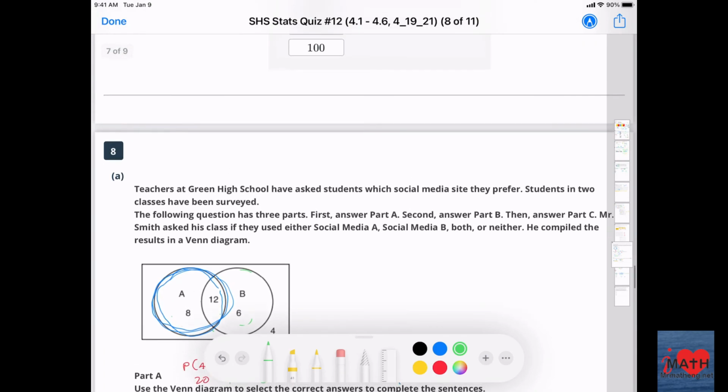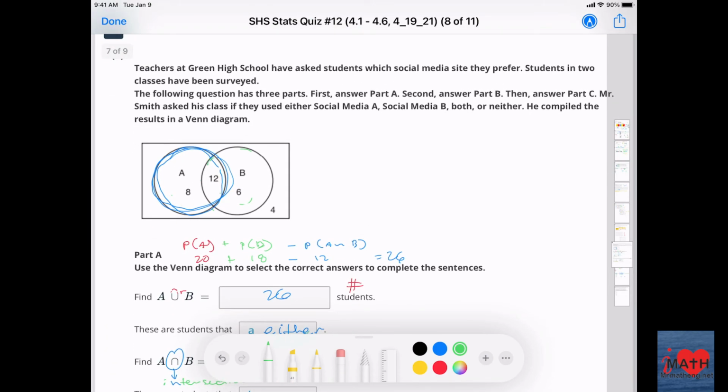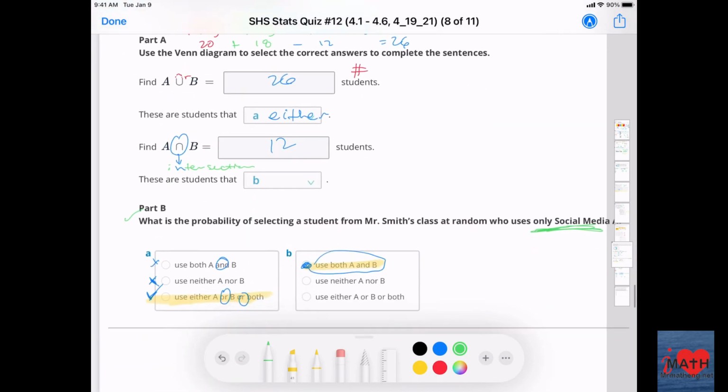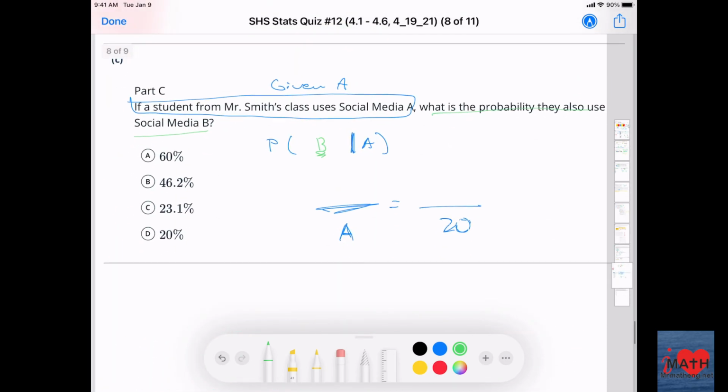Well, this is the only part that's part of B, so that would only be the 12. And we have a percent here, so you don't have to use a calculator, but you can. 6/10 is 60. So that would be choice A. Part C, 6C is letter choice A.